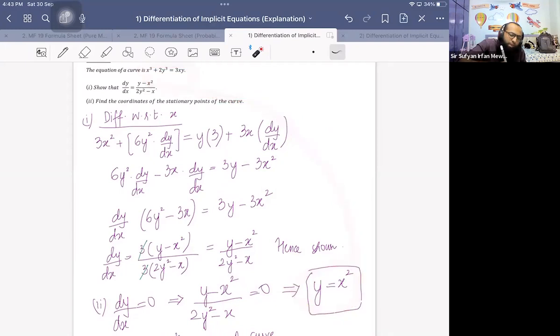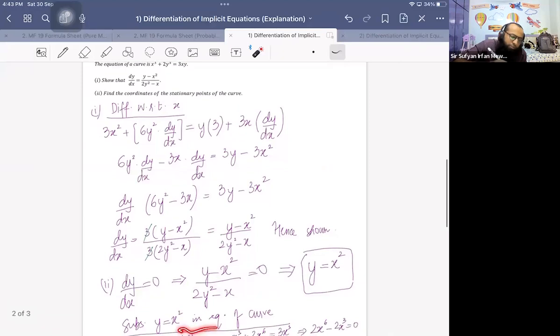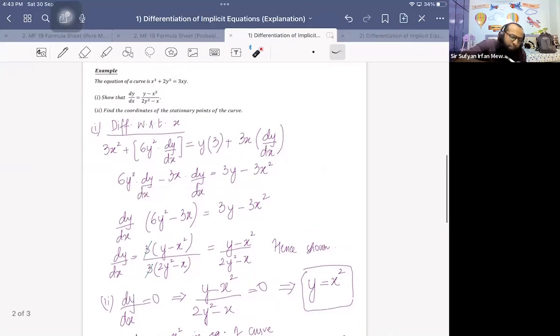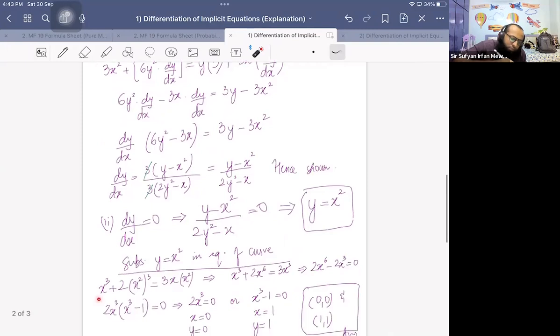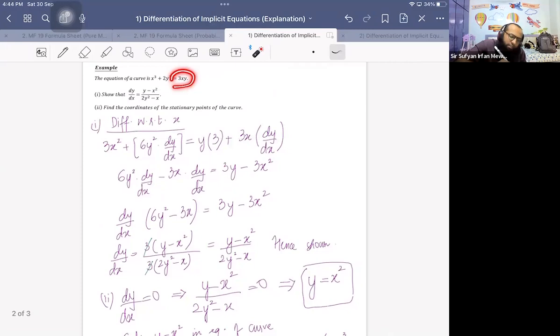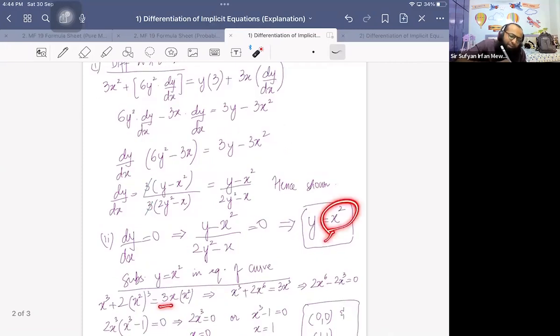So y equals x squared. We can substitute x squared over here. In the equation of the curve, x cubed plus 2y cubed equals 3xy, in place of y I have substituted x squared.